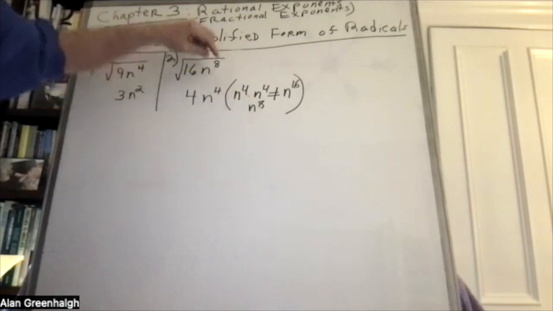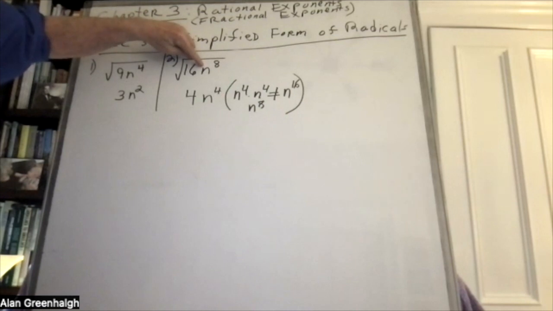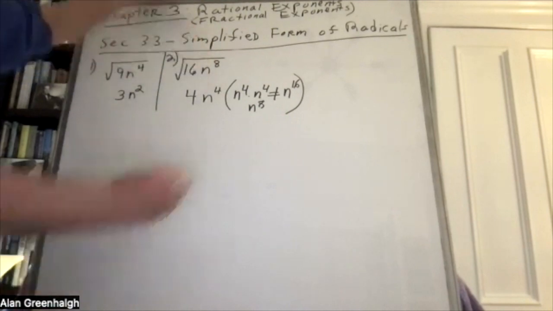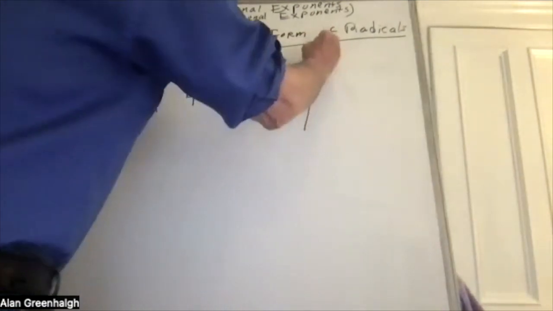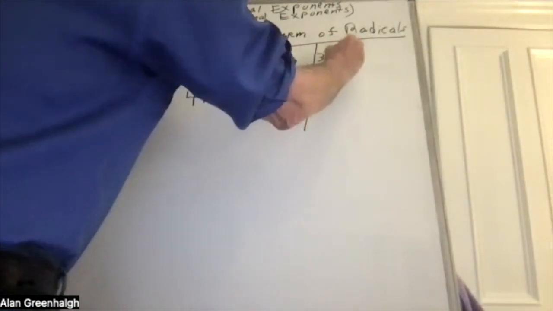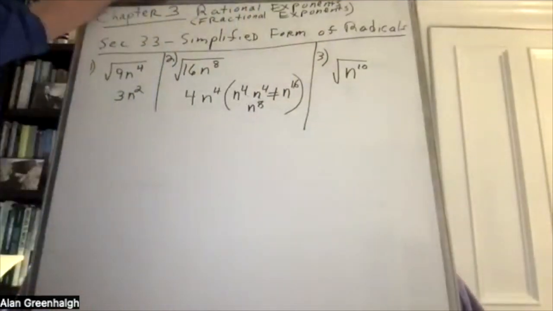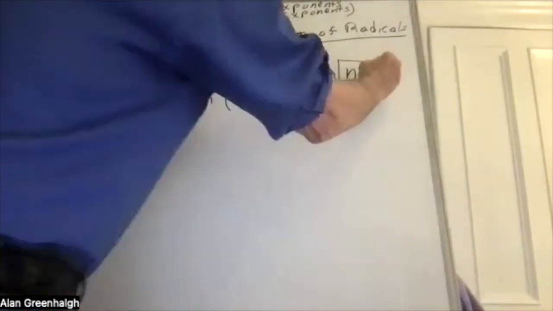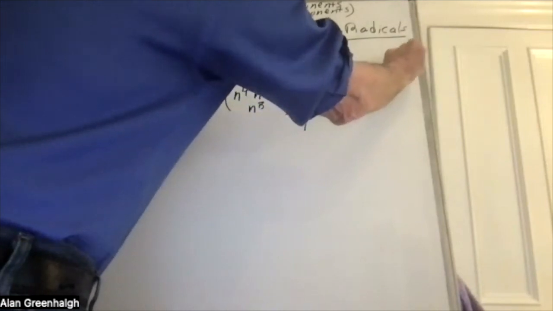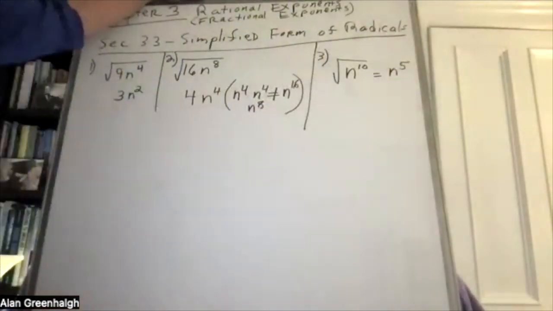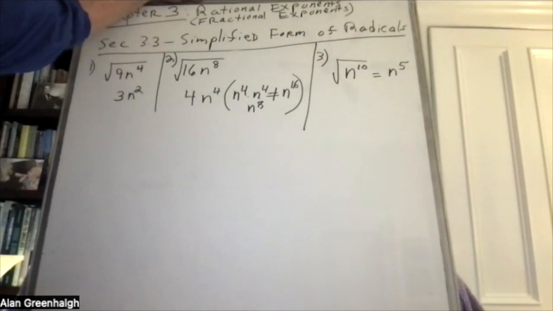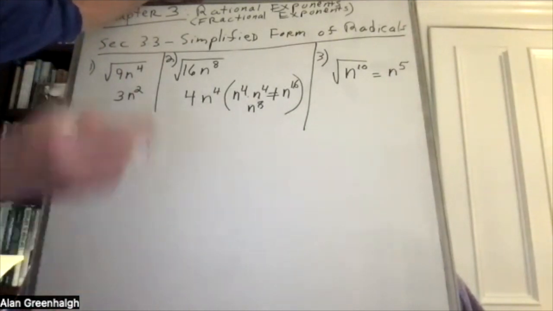So when you're taking the square root of something like n to the 8th, you actually take half of the 8. Half of the 8 is 4. Such as the square root of n to the 10th, what would that be? N to the fifth. Again, half of 10 is 5.